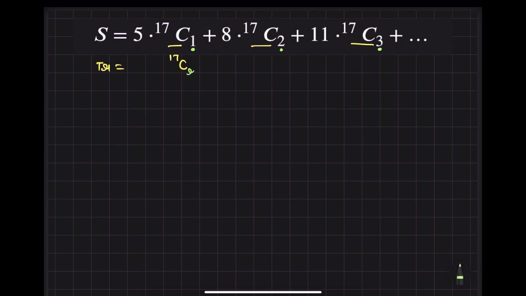So the rth term lower subscript would be r. Now we have to create some pattern between 5, 8, 11. If you observe 5, 8, 11, you will find that these numbers are in AP. So 5 plus 3, 8, 8 plus 3, 11.